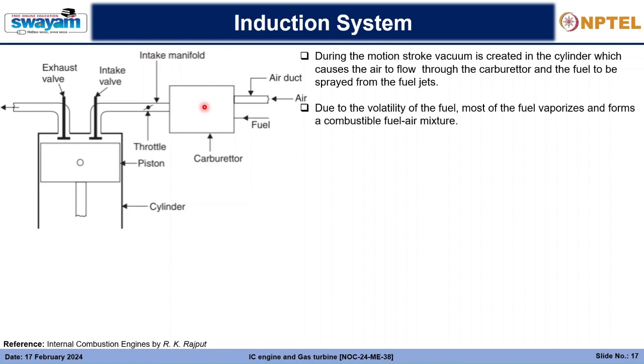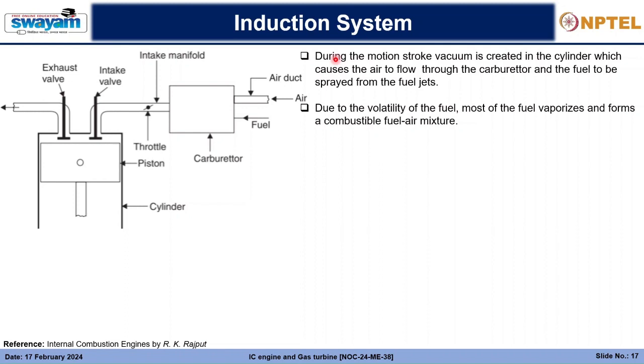Generally the volatility of the fuel is commented upon by the octane number, which you must have heard of, and we will discuss that in subsequent sections. If the fuel is volatile, and you are reducing the volume and increasing the surface area, there is a higher tendency to vaporize.